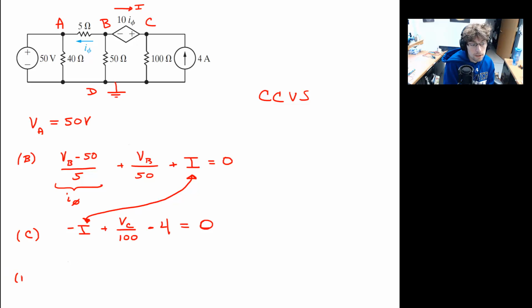If I take B and C together to get rid of I, and hopefully you see it, I get VB minus 50 over 5, okay, plus VB over 50. Then, right, I move the I to the other side. I get plus VC over 100 minus 4 equals 0.